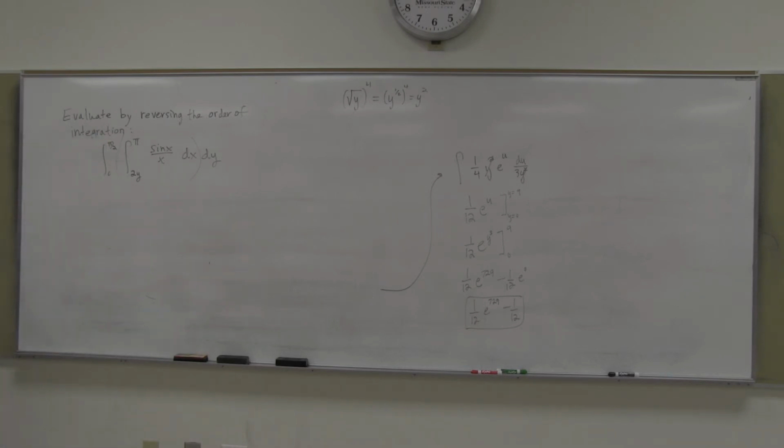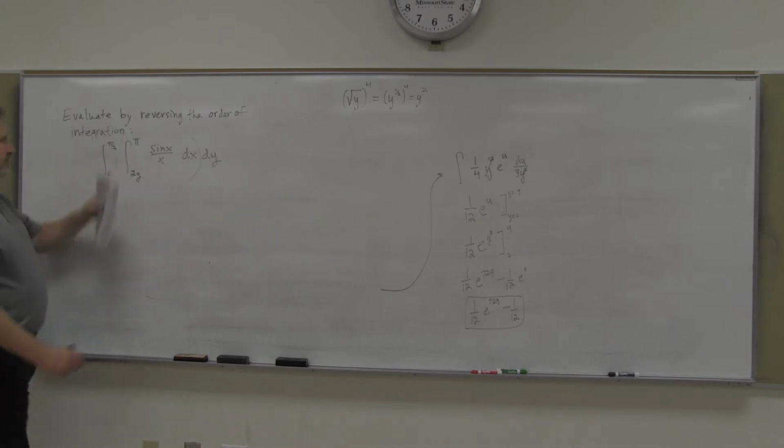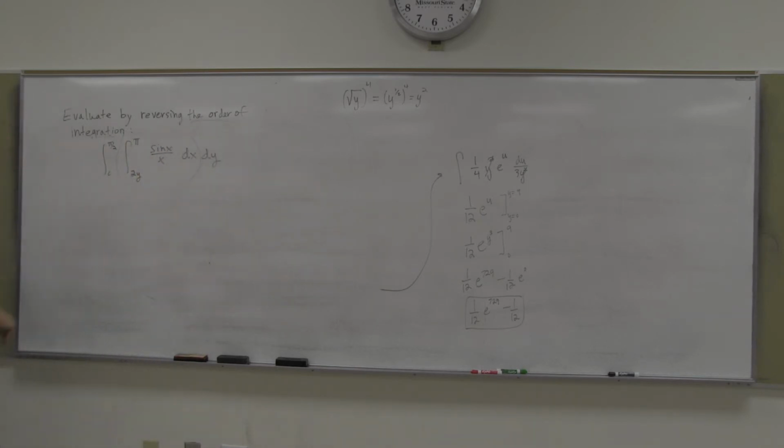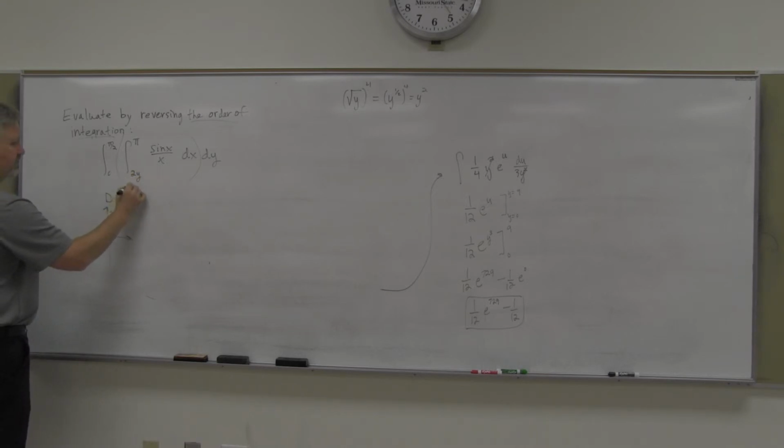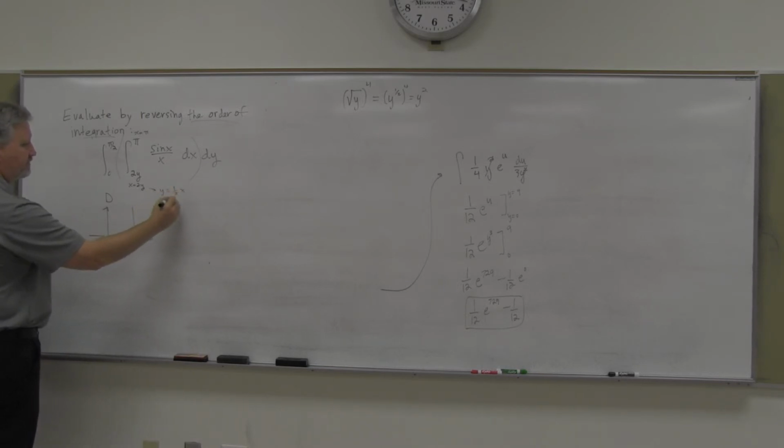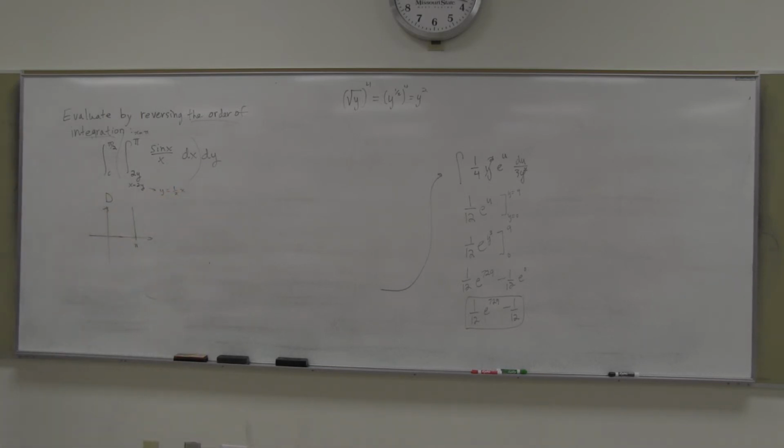So let's try that again. First step in reversing this order, draw out the region, and then see what the reverse would look like. In this case, I'm doing the x's, so I go from x equals 2y to x equals pi. Well, x equals pi is just a vertical line. X equals 2y is better as y equals 1/2 x, x divided by 2, to draw it out.